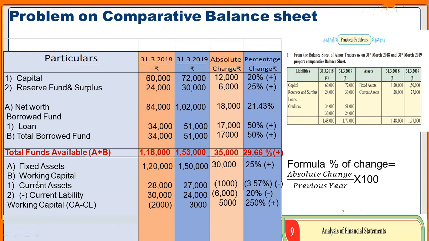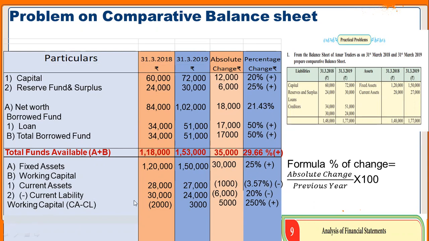Working capital: in working capital only one asset is there, that is current assets minus current liabilities. Current asset is 28,000 and 27,000. So the difference, absolute change, is 1,000 minus balance. We should write it in bracket. The percent is 3.57, again this is a decrease.